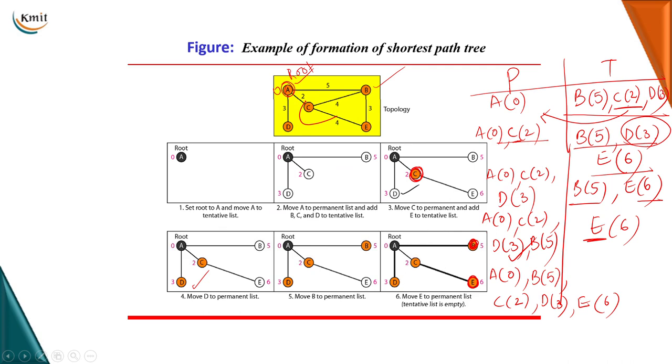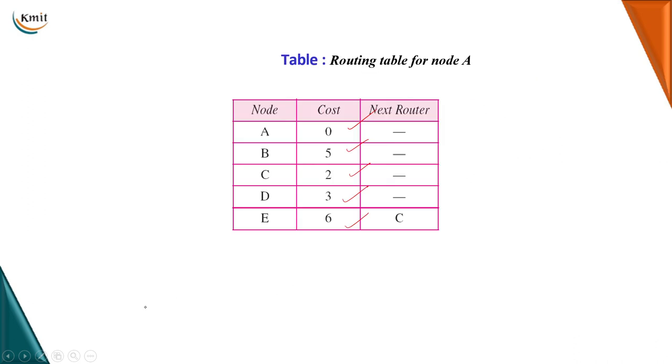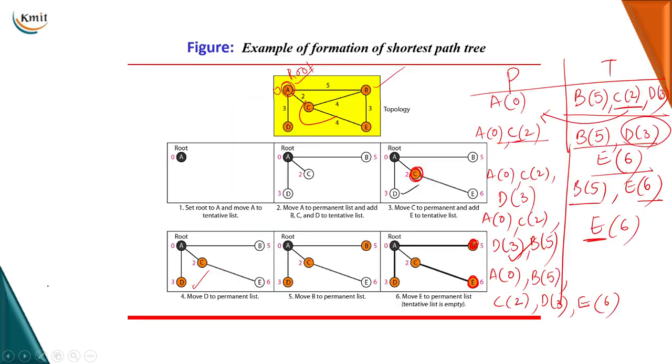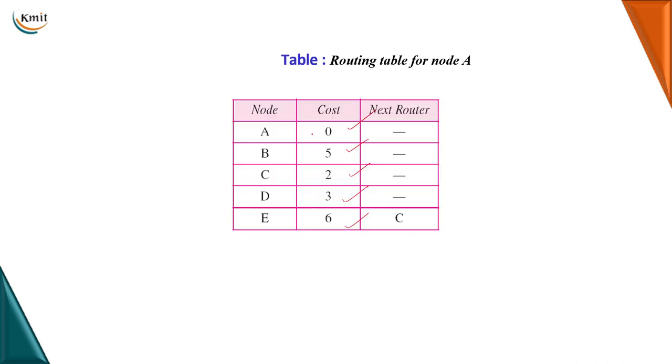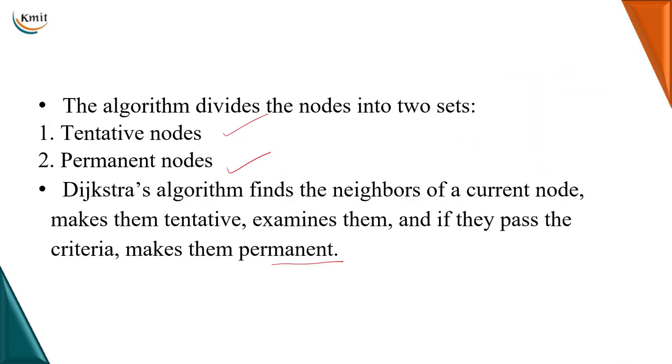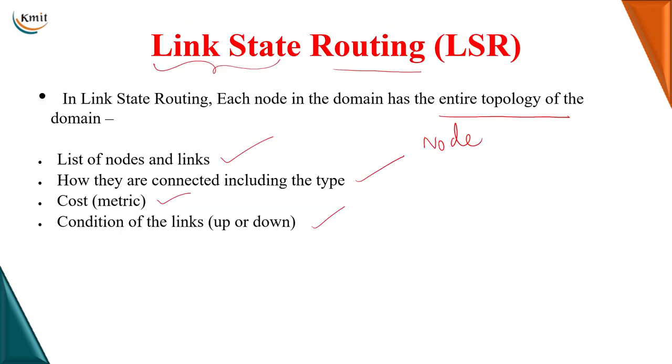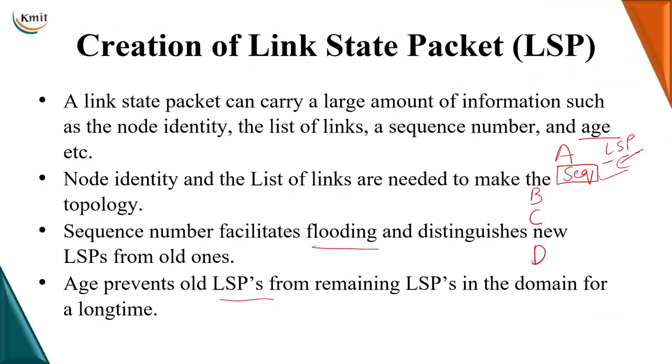I am reaching from A to E via C. So likewise I am updating that I am reaching from A to E with a cost of 6 via C. So this is about your link state routing, where we will make use of link state packets.